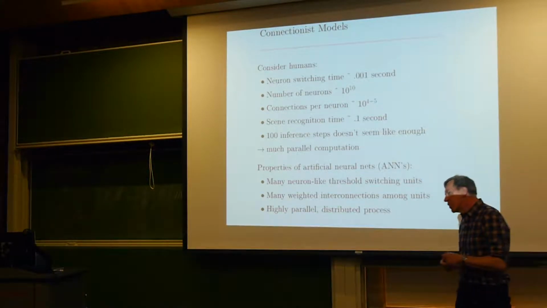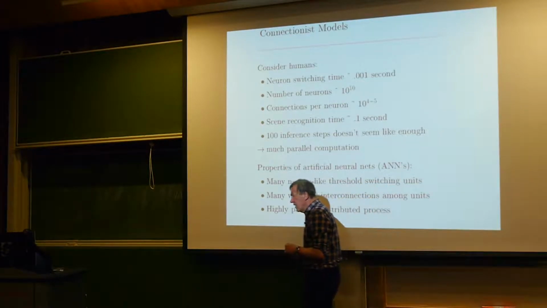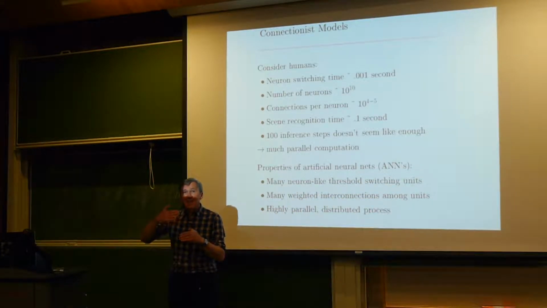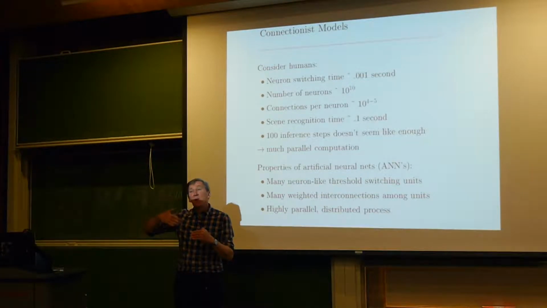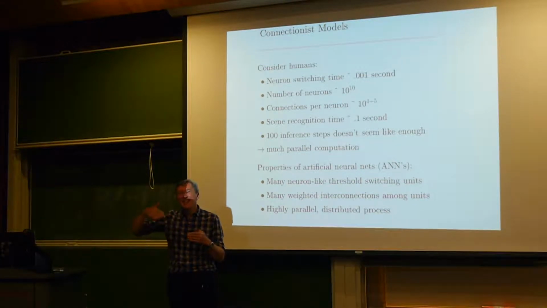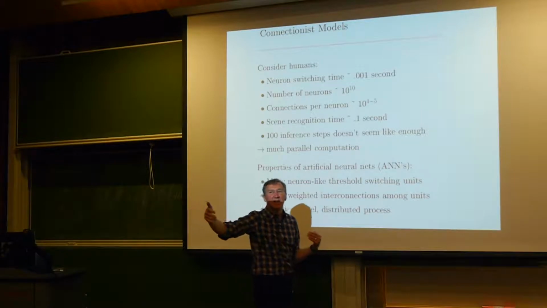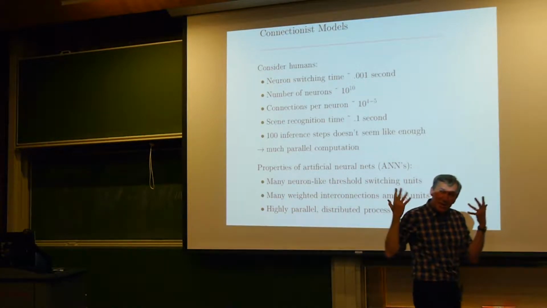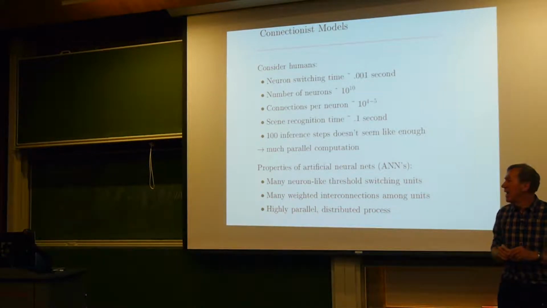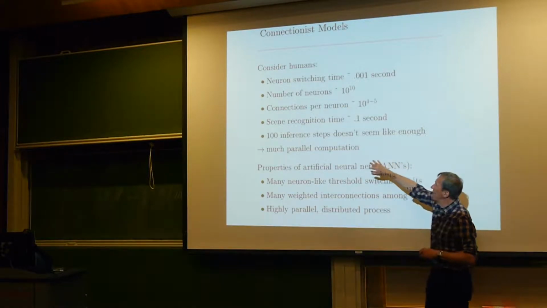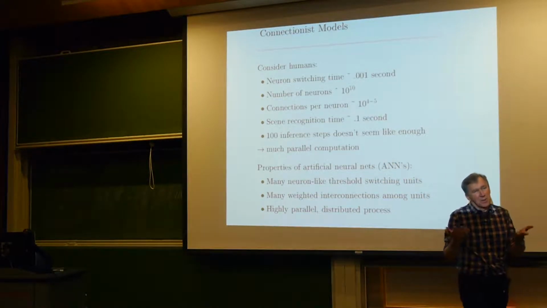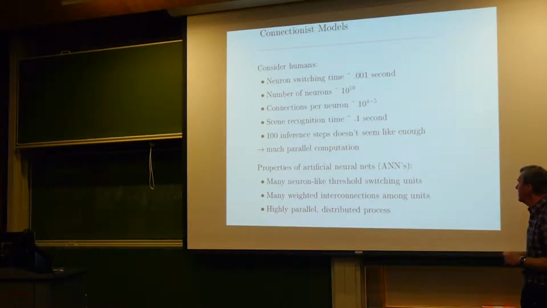So it must be that the brain is doing something that's not very deep. It's 100 steps, which is very small compared to the 10 to the 10th neurons that you have. And so it must be that there's a lot of parallel computation going on. And in fact, we know there is from various neurological studies.